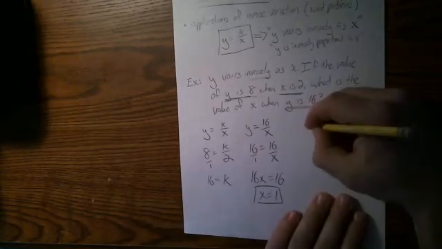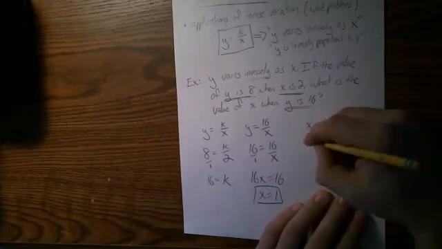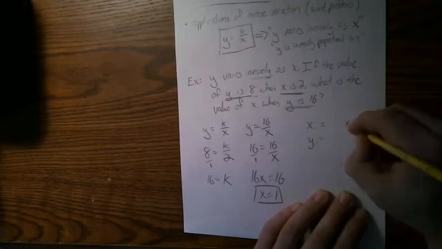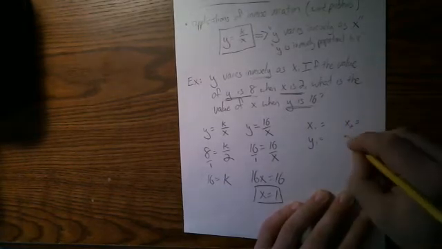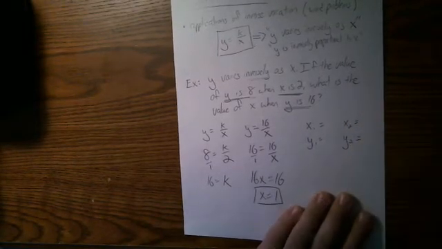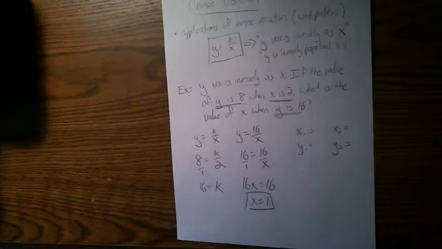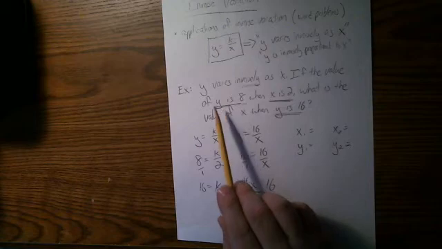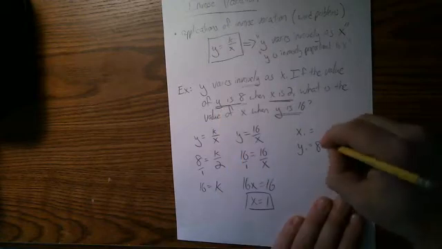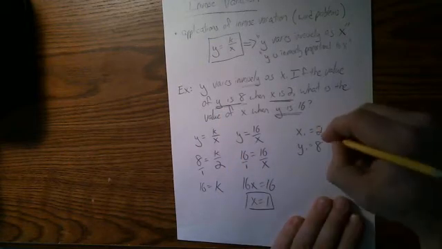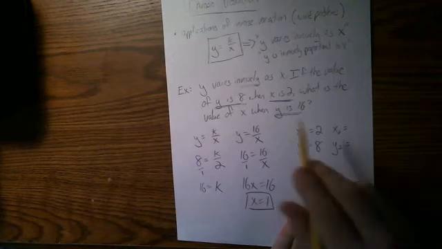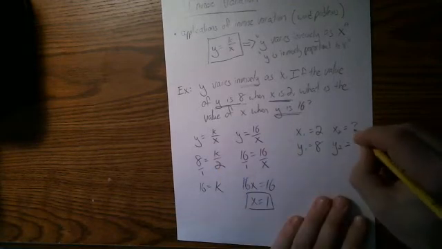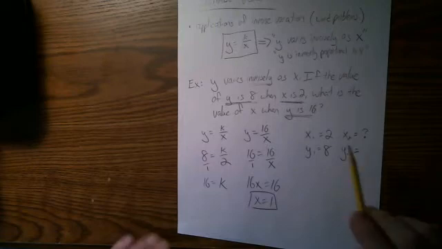Let's look at this another way. They gave us an x value and a y value, and we'll be looking for either a second x value or a second y value. If the value of y is 8, y1 is 8, when x is 2, x1 is 2, what is the value of x, looking for x2, when y is 16?